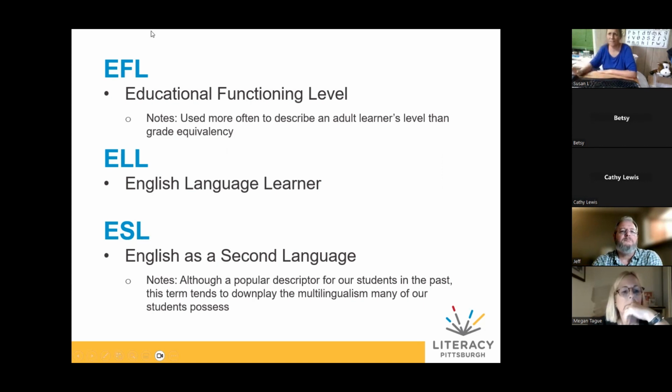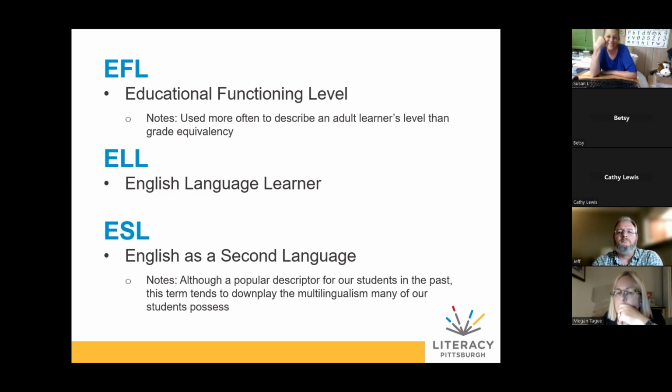But the main thing that we use is called an EFL, which is an educational functioning level. So this is used more to describe an adult learner's level within Literacy Pittsburgh versus their grade equivalency, because the grade equivalency can sometimes be problematic. Adults don't always want to hear, oh, you're at a third grade reading level.